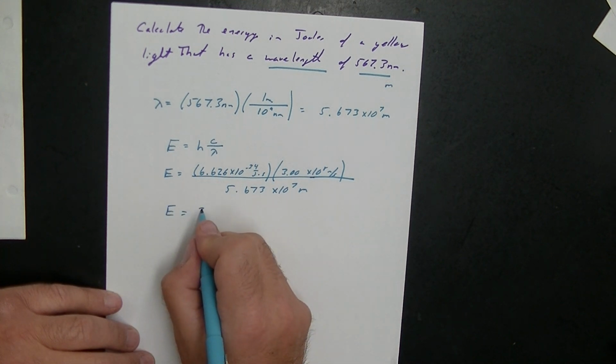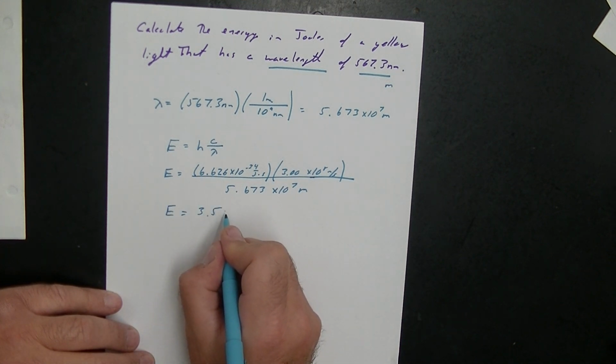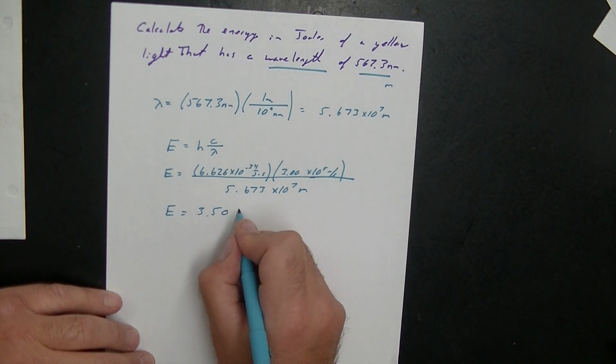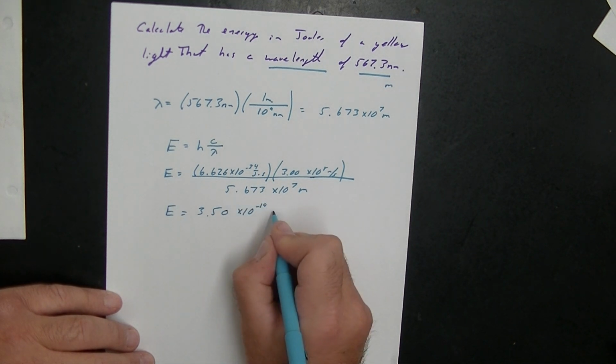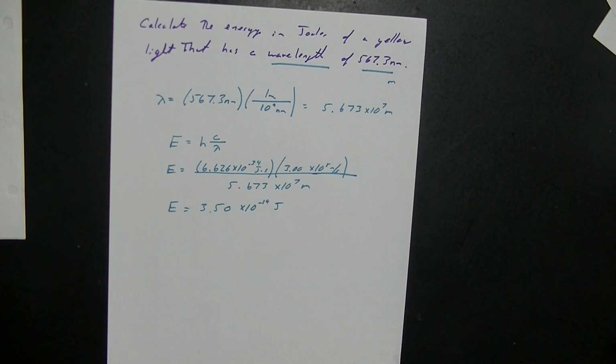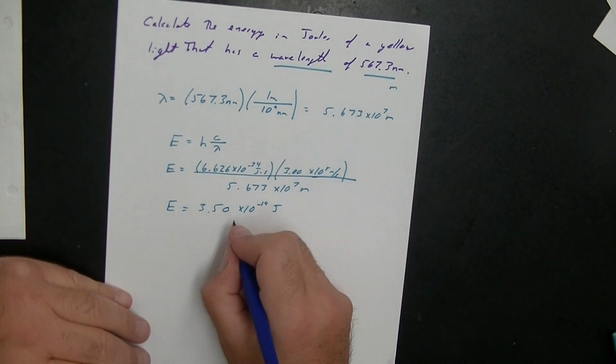And I end up with 3.50 times 10 to the minus 19th joules. And again, that would be the energy in 1 photon of that light.